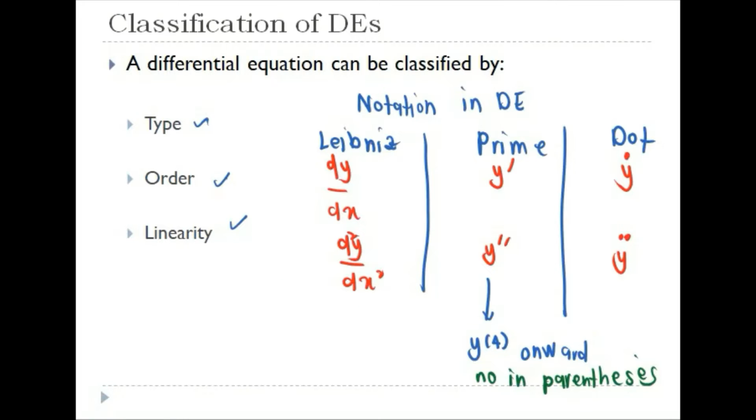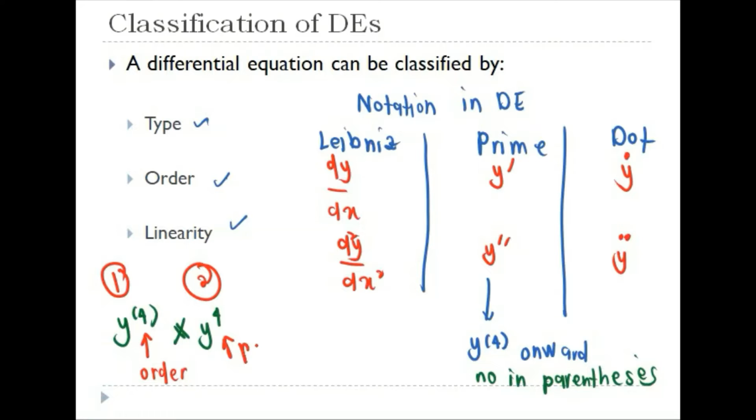Another thing you have to take note of: y with 4 in parentheses is not equal to y to the power of 4, because for the first one, the 4 in parentheses represents the order, while for the second one, it represents the power. So both notations give you different meanings.